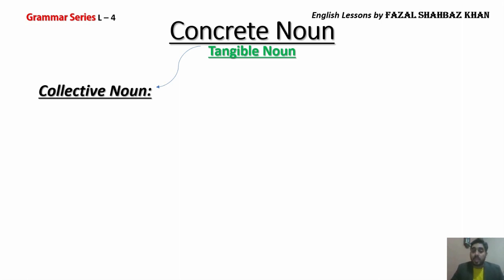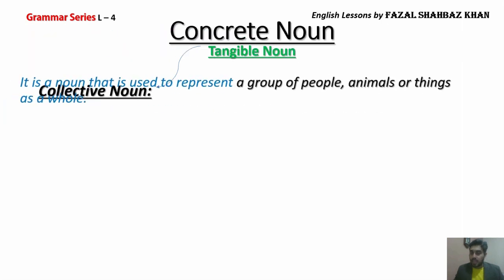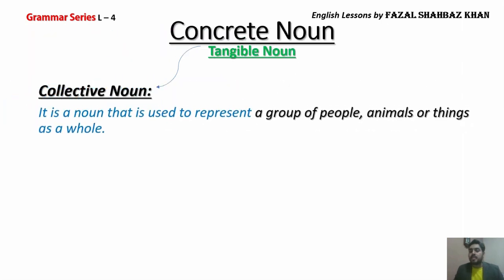It's one of the variations to be found within concrete noun under advanced studies, when we go to study for that. So, concrete noun has the first subcategory in shape of collective noun. Then, what is collective noun? We all know. It is such a noun that is used to represent a group of people, a group of animals, or a group of things as a whole, or as single whole.